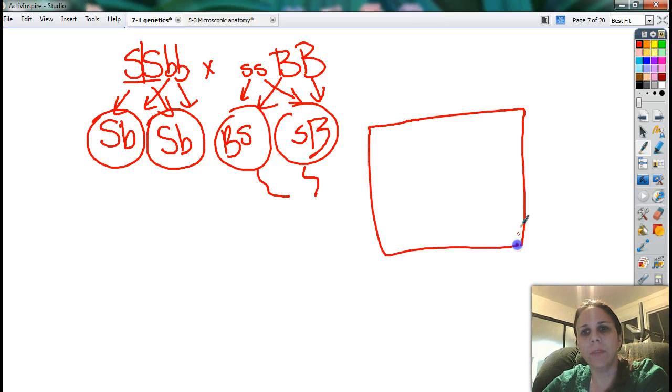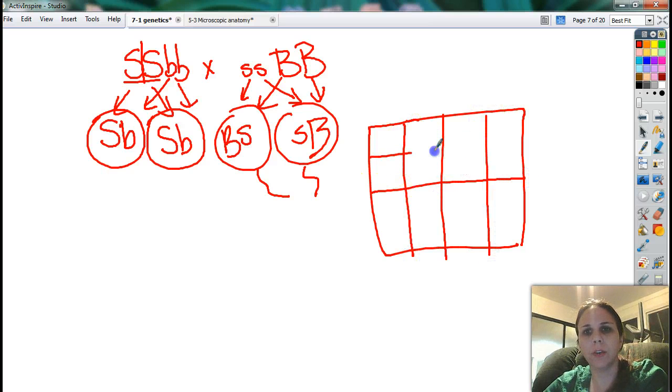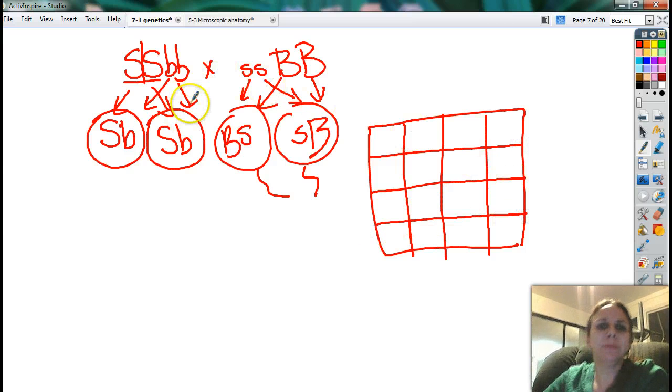What you're going to do is, just like before, you're going to make a square. But instead of making 4 squares, you're going to add a couple more lines, and you're going to make 16 squares. Oh, that's nice. And then you are going to put whatever the eggs and the sperm are on top, like we did before. Now, if you notice right here, I've only got two different ones.